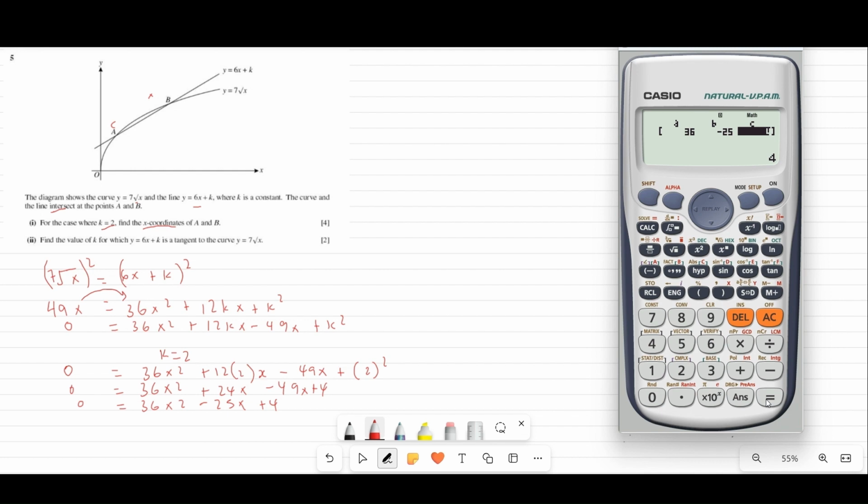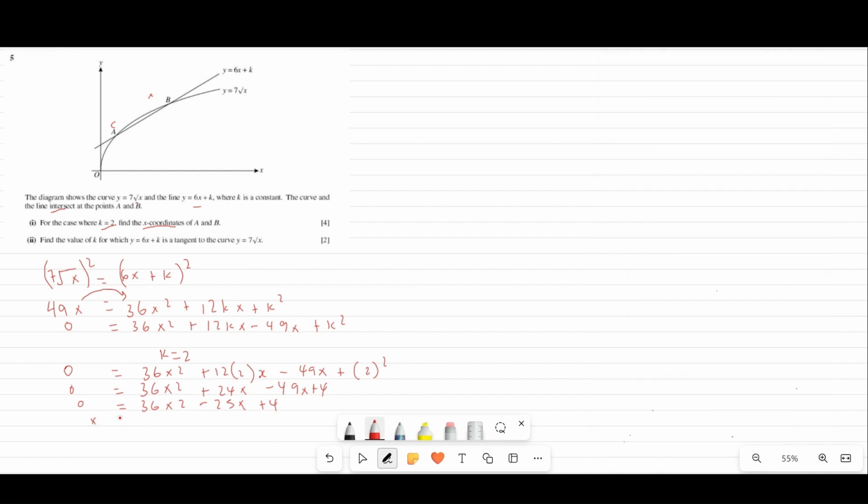The first solution is 4 over 9, and the second one is 1 over 4. So our x coordinates of A and B are 4 over 9 and 1 over 4.